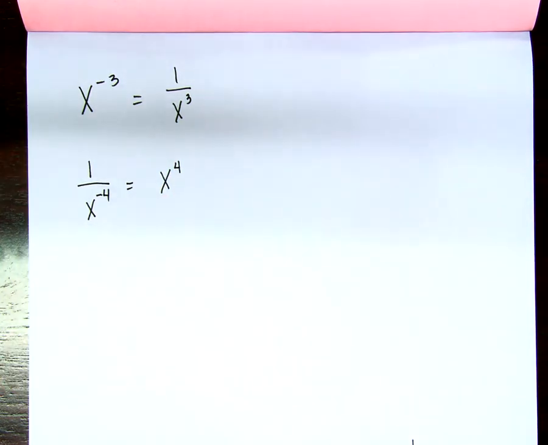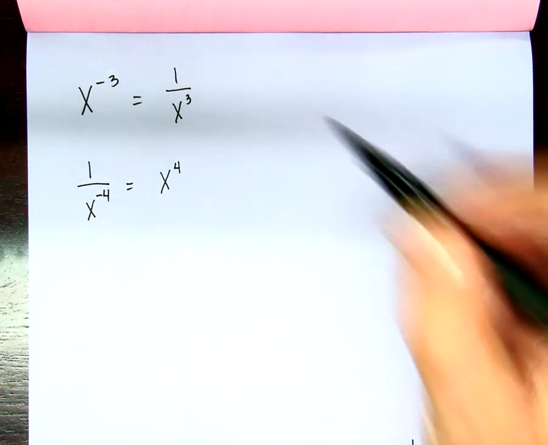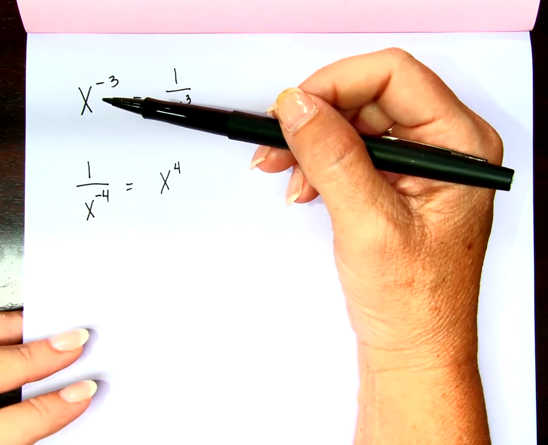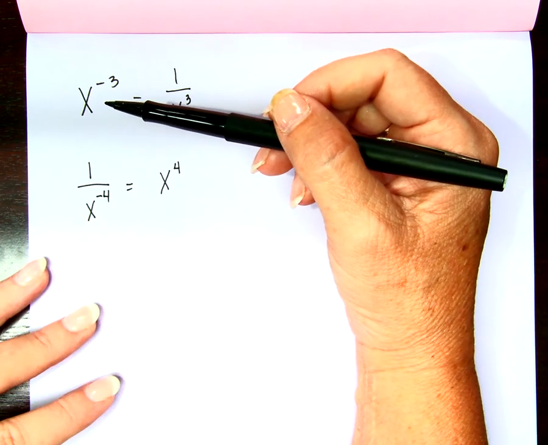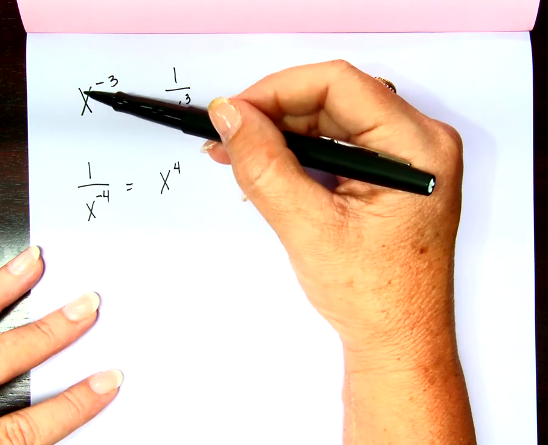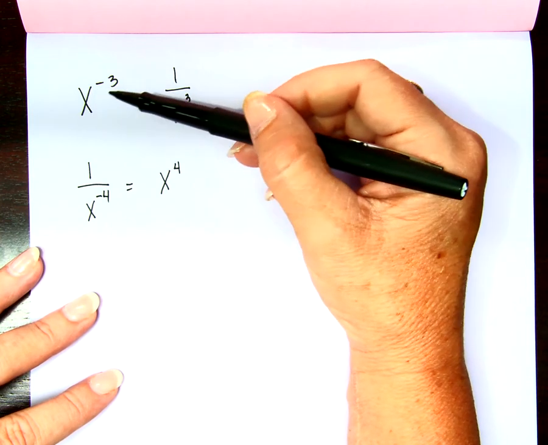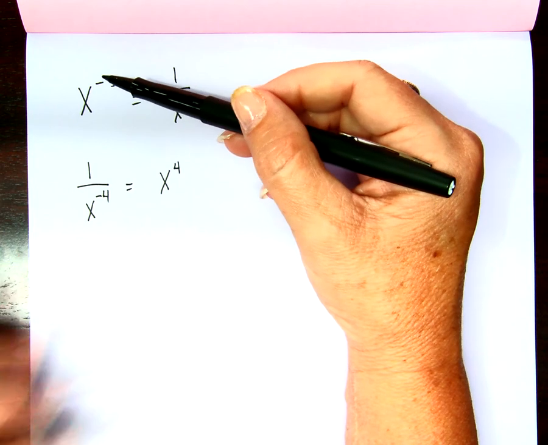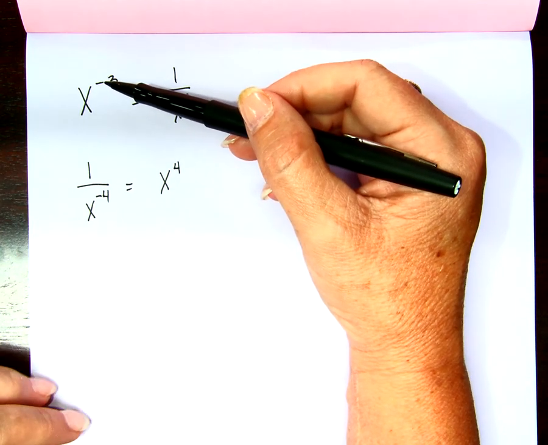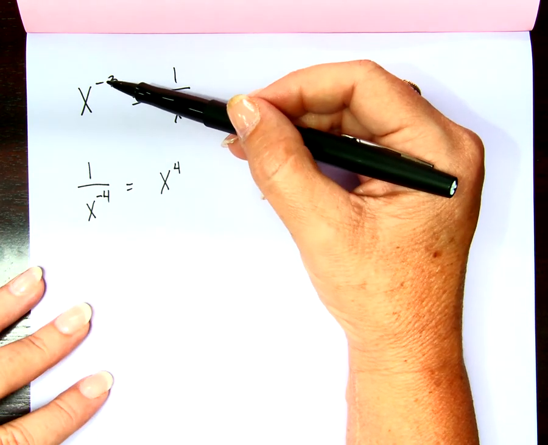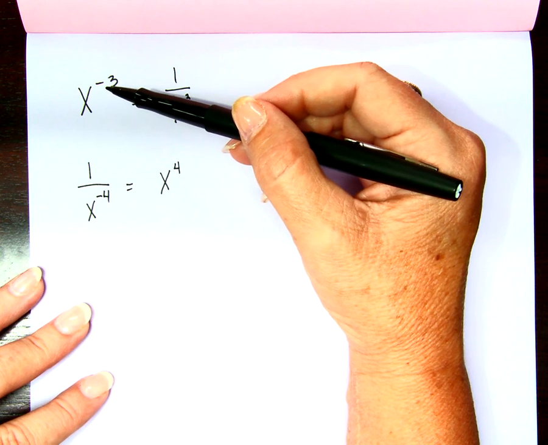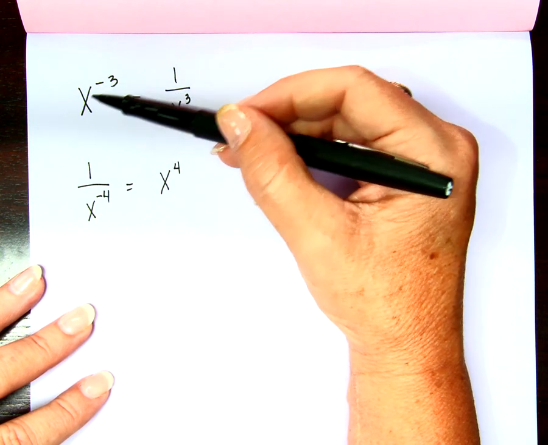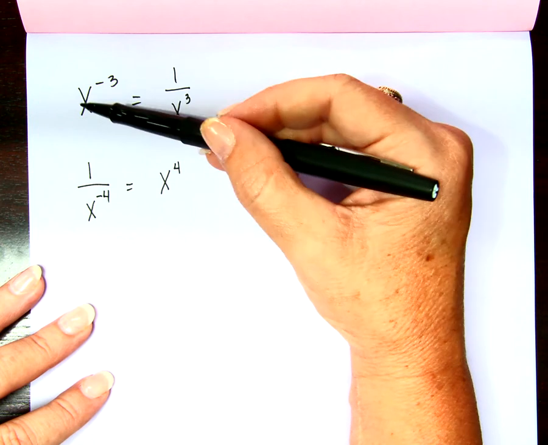Now, a silly story that I like to tell here is this. You're a kind and benevolent person, aren't you? Some of you, for the most part, right? This x right here, it is so unhappy. Can you see how unhappy it is? It's so unhappy that its exponent is negative. You, being the kind, benevolent person that you are, want to help make this exponent happy. So it's in the numerator right now, isn't it?